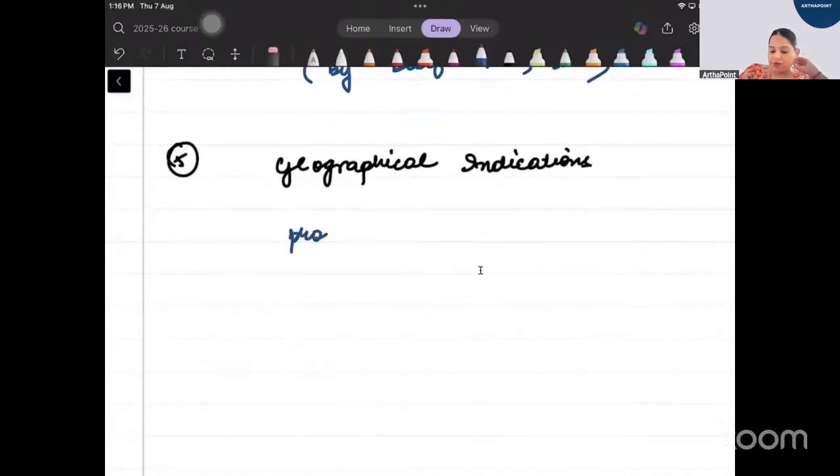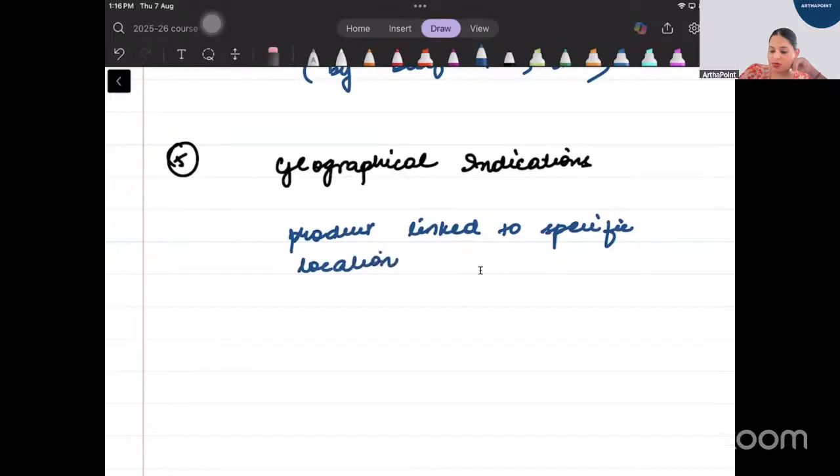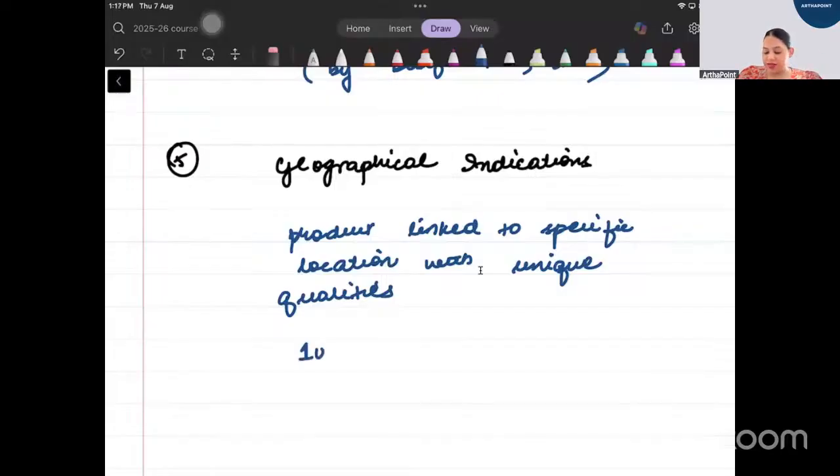Products linked to a specific location with unique qualities. Product linked to specific location with unique qualities. Again, the time period is 10 years and it is renewable indefinitely.